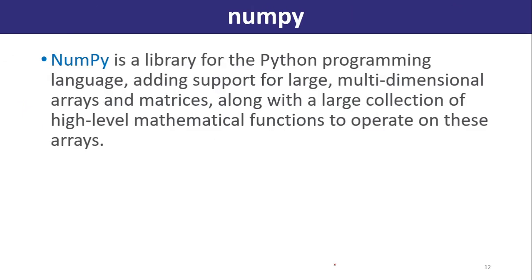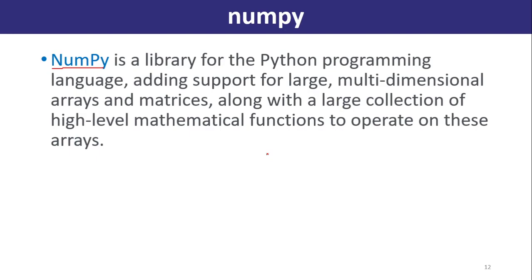So now let us go through a few of the libraries that we are making use of while implementing simple linear regression. The first library that we are going to use is Numpy. So Numpy is a library for the Python programming, adding support for large multi-dimensional arrays and matrices along with a large collection of high-level mathematical functions to operate on these arrays.